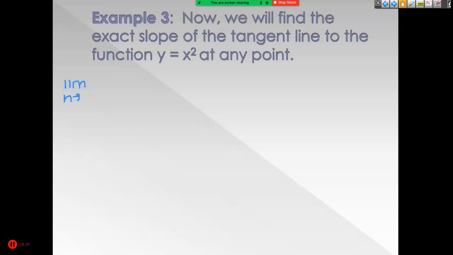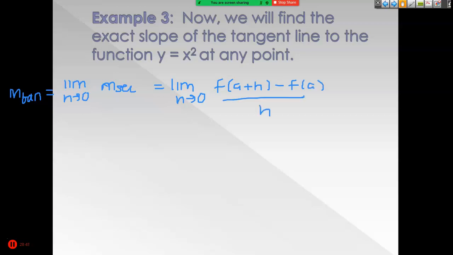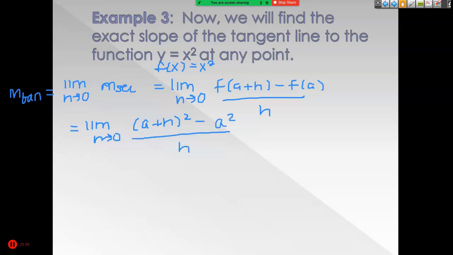So the slope of the tangent would be equal to the limit of the slope of the secant, and all you're going to do now is treat f of x equals x squared and find the general slope of the tangent. But leave a as a instead of making a a number.